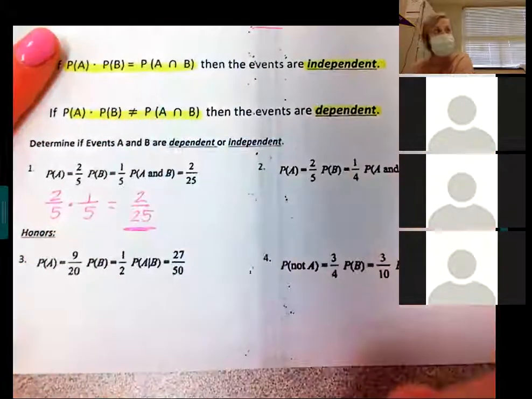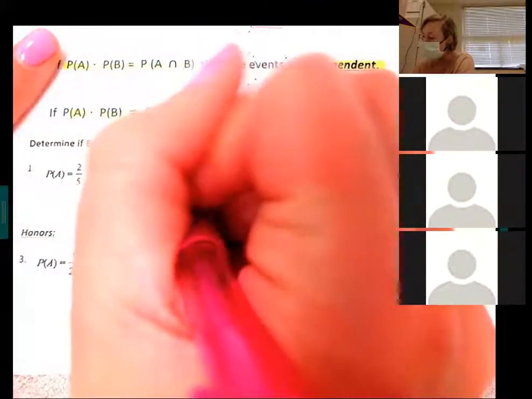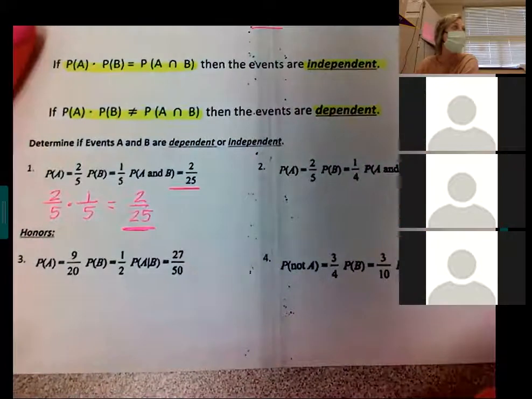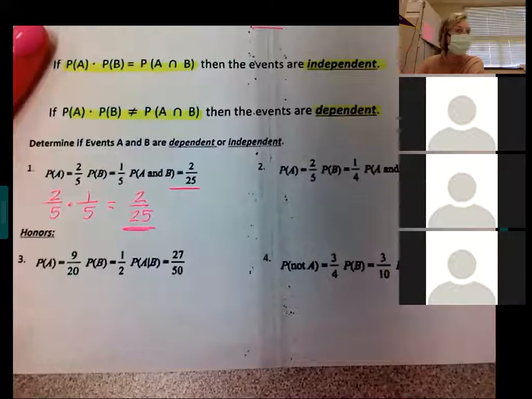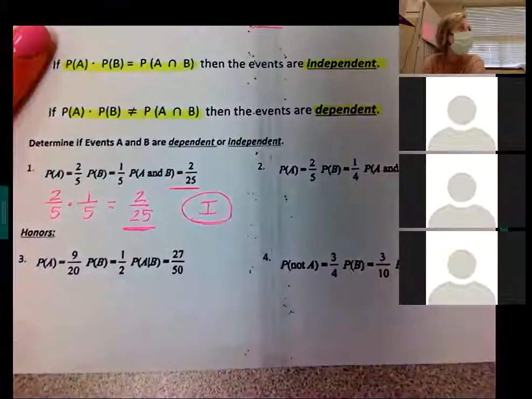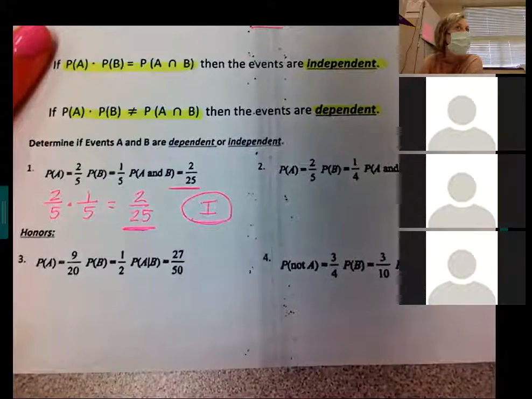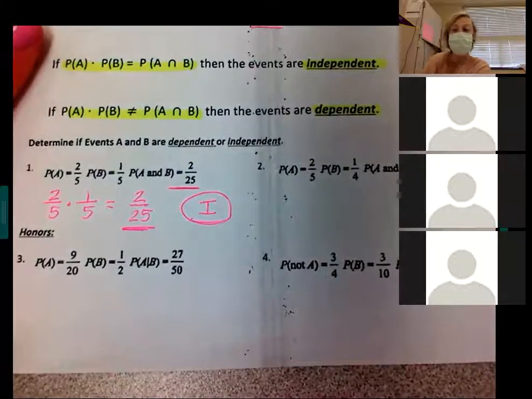Does this multiplication equal A and B? Okay, what's your formula say? If they're equal, what does that mean, Evan? It's independent. Very good. If it did not equal the intersection, then what would I say? They're dependent.